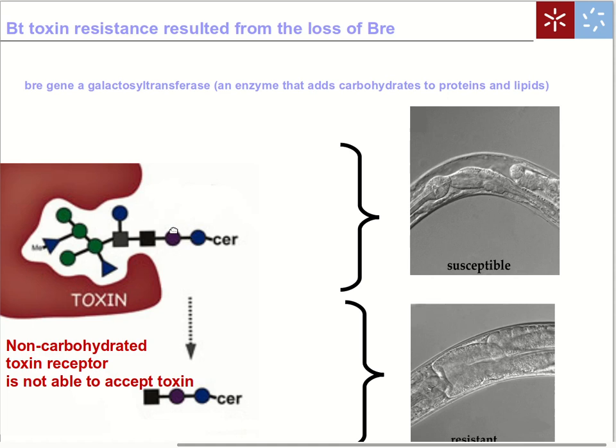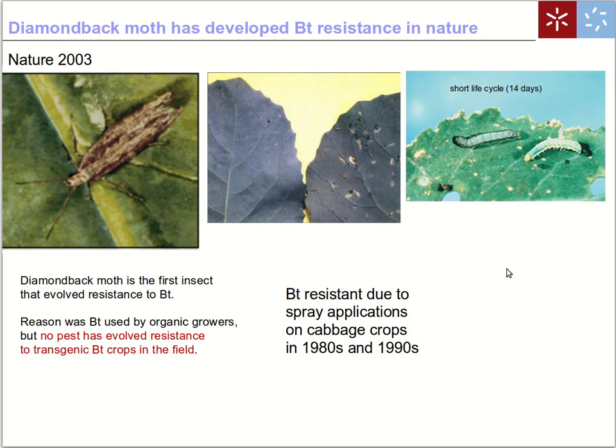resistance could develop. The diamondback moth is an insect that causes lots of damage to plants such as cabbage and kale. And this was the first insect that developed resistance to the Bt toxin in nature. This is a very old study published in Nature in 2003, almost 20 years old.